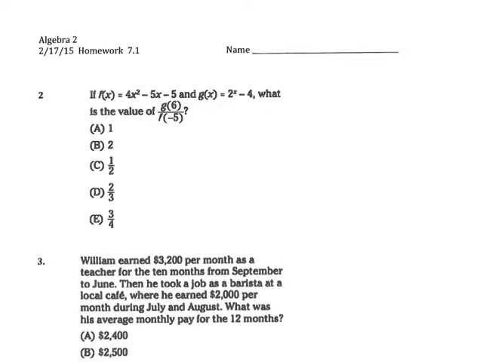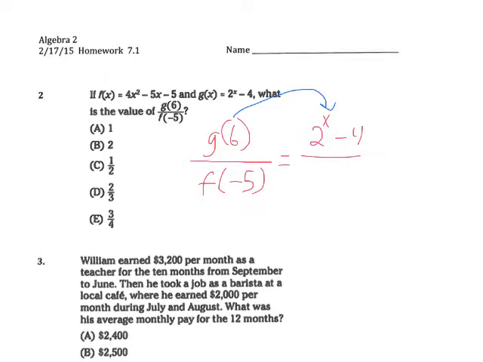Alright, so number 2 here looks harder than it really is. So we have this thing that says to do g of 6 and divide that by f of -5. Well, the g function is 2 to the x power and then -4. So basically we're going to take that 6 and put it in right there.